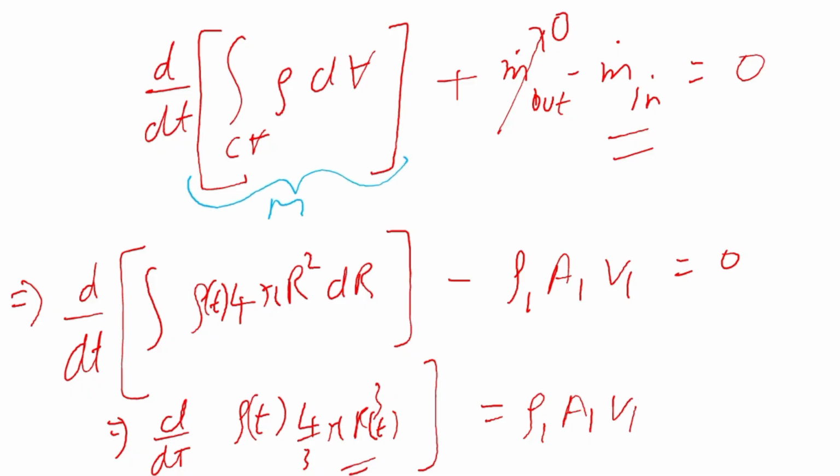So for the first question, you could have directly found the rate of change of mass, the d/dt, the time rate of change of mass, is given as this expression, which is equal to rho 1 a1 v1. That's the first part, because everything we found inside the integral is just mass. Always remember where we started off.